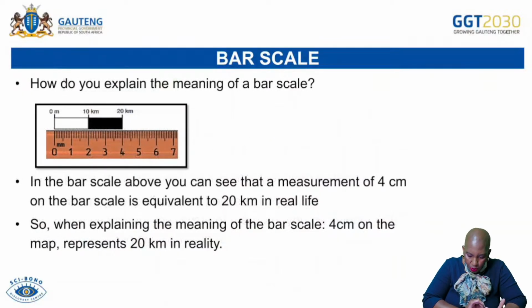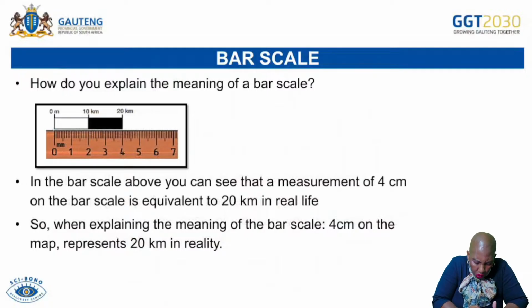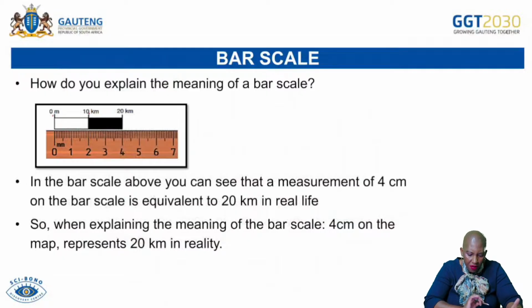So I have already explained this one. You see the way I was showing you. You take your ruler, you measure exactly. As you can see now, from this example, you started measuring from 0 up until 2. The smaller parts are 2 millimeters, but the numbers are in what? In centimeters.